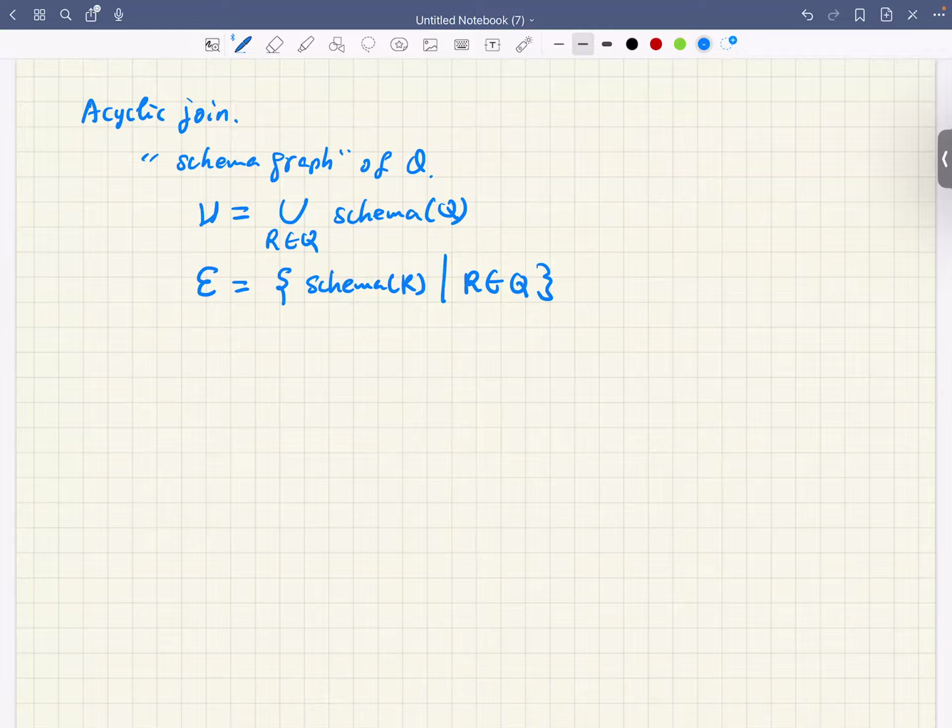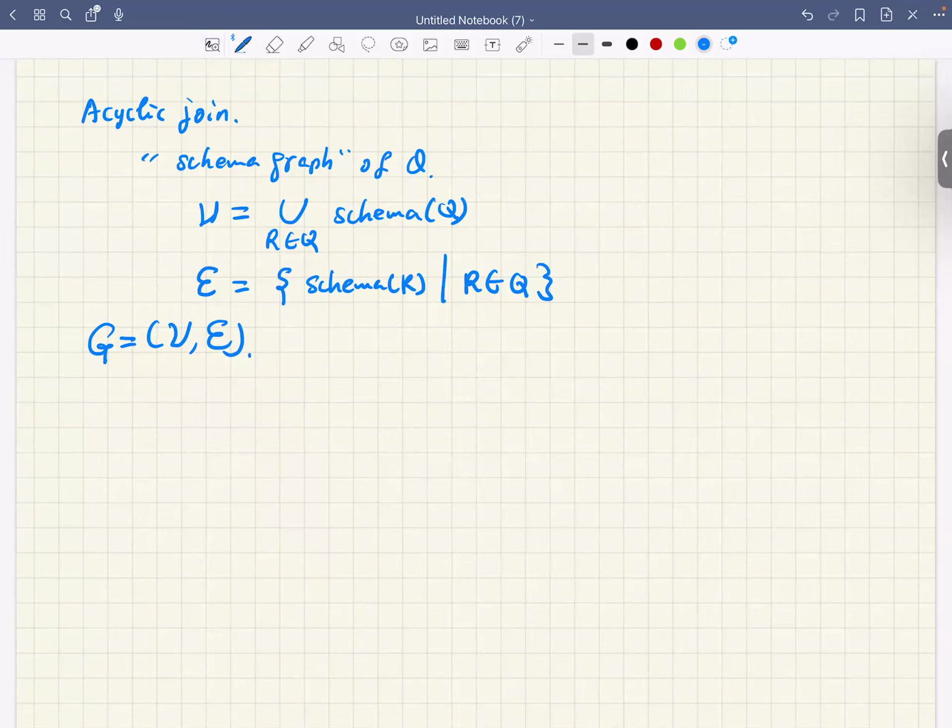Now let's think about this graph here. As I said, it's defined as a pair. This V here is a set of vertices, a set of attributes, basically all the attributes that ever appear in the input relations of the join. And then this E here says I'm going to take all the schemas, and every schema forms a hyperedge.